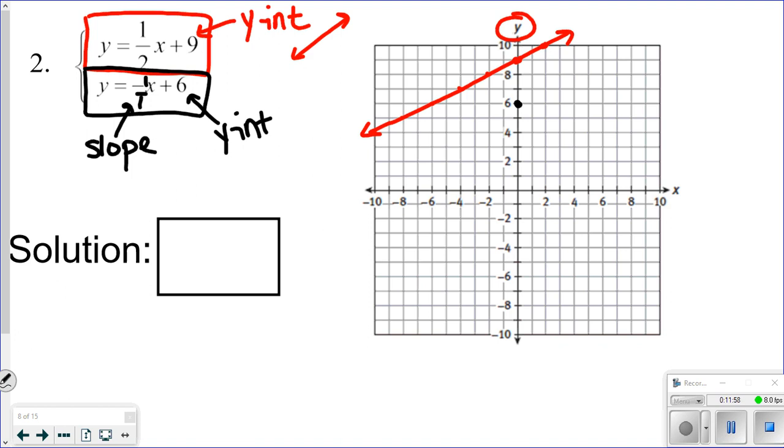And because it's negative, this line needs to be decreasing or declining from left to right. So I'm going to go down 1 over 1 this direction, but I know it's not going to intersect anywhere down here. So then up 1 over 1, up 1 over 1. Go ahead and use your ruler, your straight edge, to connect your points.